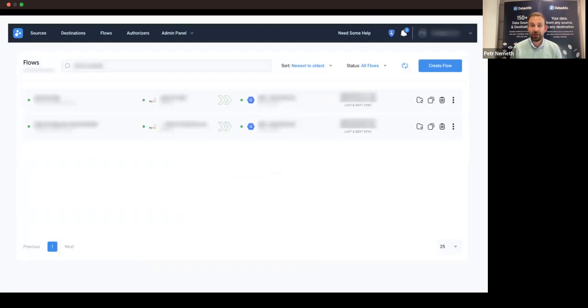Then, of course, you have all your flows listed. There is full logging. There are notifications in play, so in case something breaks down or there is some issue, you are notified. The system has an automatic retry mechanism in place, but in case something fails, you are notified.